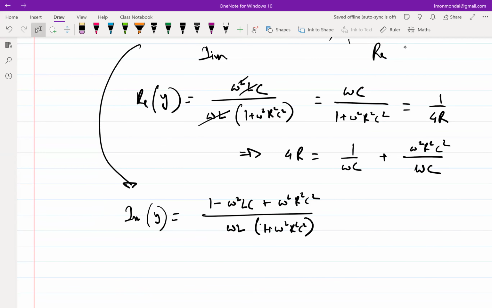So essentially what you have to do is to size your device, that inductor L, such that this goes to 0, right?